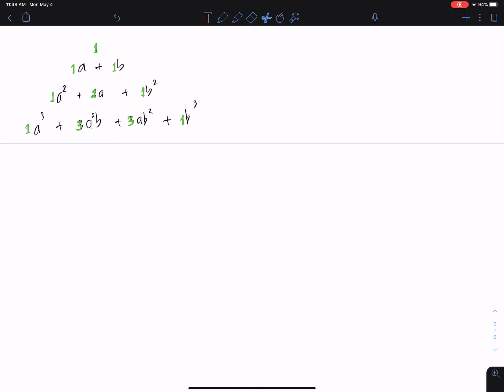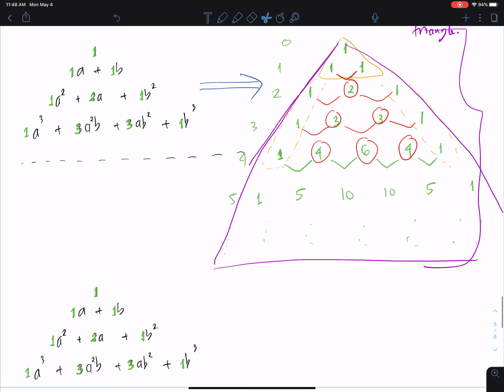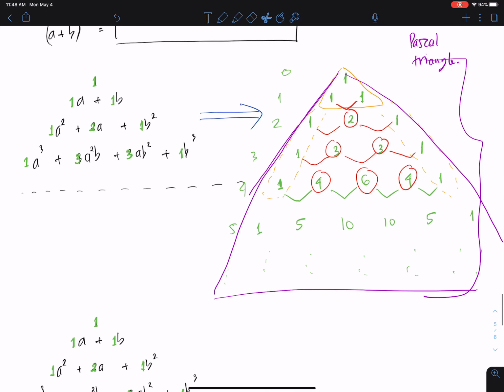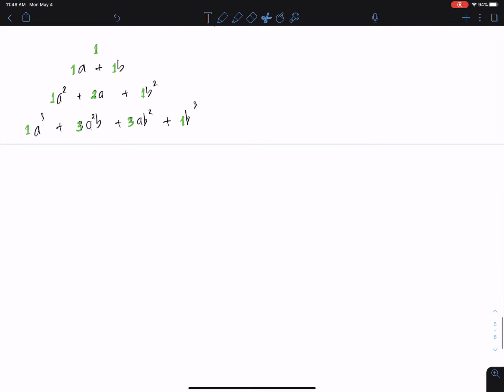Okay, so on the previous video, you already can see how the coefficient is generated by using the Pascal triangle. Now let us take a look at how the variable expands according to the power or exponent here.